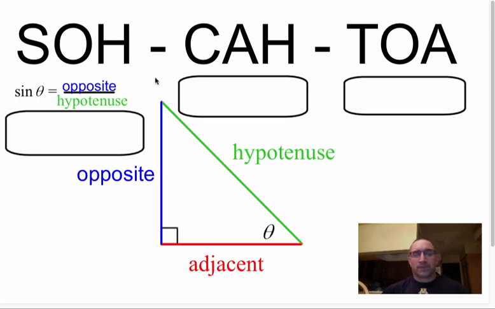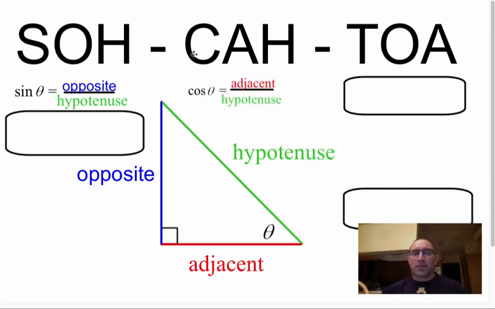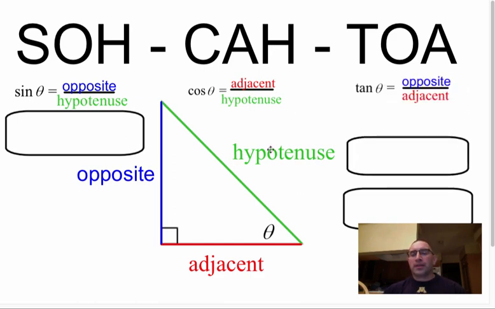The second part, CAH, reminds us that cosine is adjacent over hypotenuse. And the last part, TOA, reminds us that tangent is opposite over adjacent. So all together, let's say it: 1, 2, 3, SOHCAHTOA. Very good.